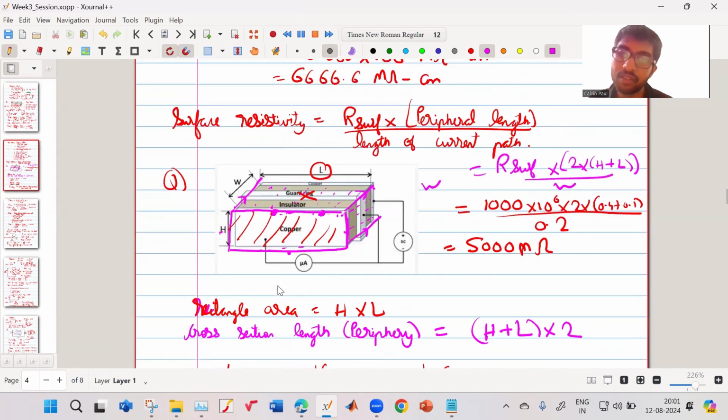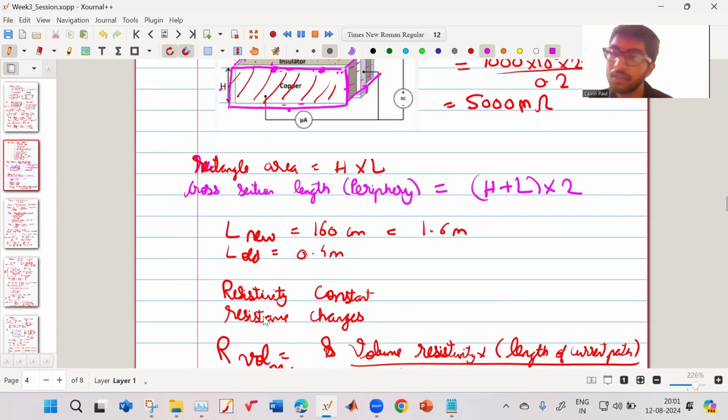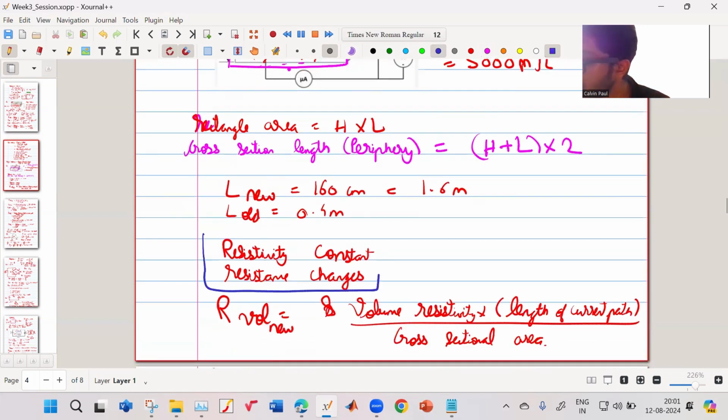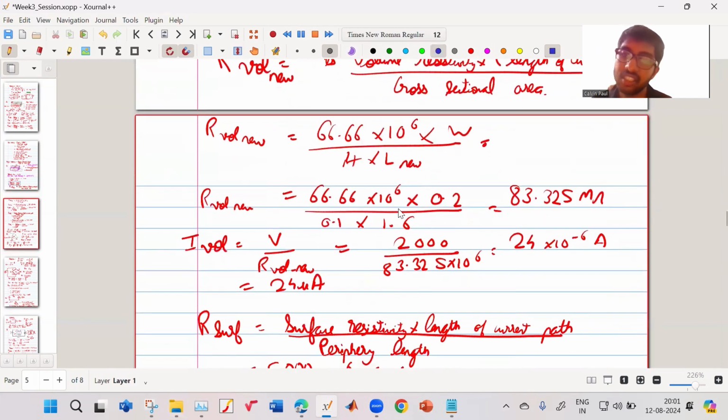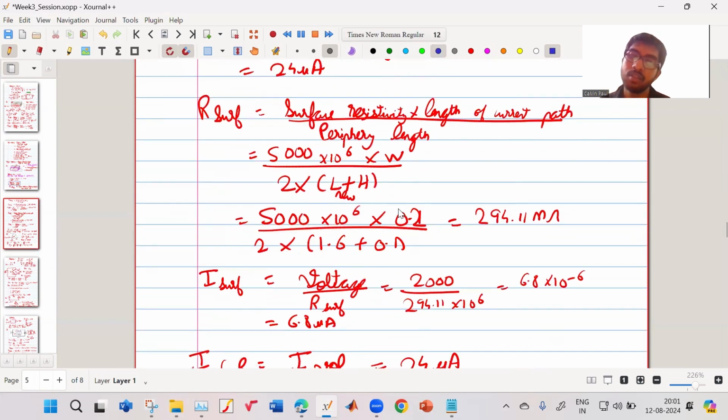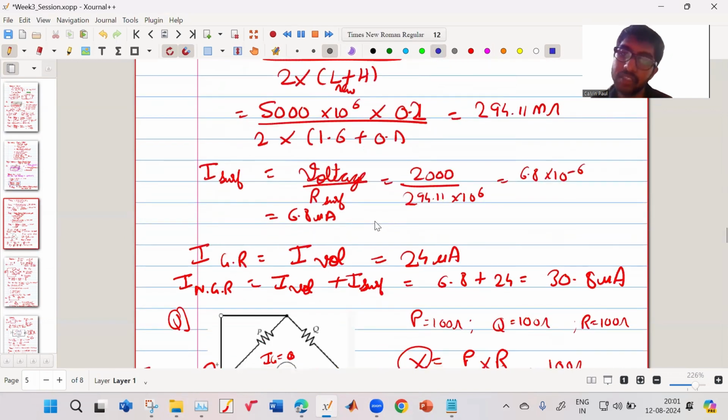The main point to remember, a very important point, is your resistivity is constant, but your resistance changes depending on the length and width. Then the length was increased, and then how the resistance changed, how the current changed, how the surface current also changed, and the readings will change accordingly.